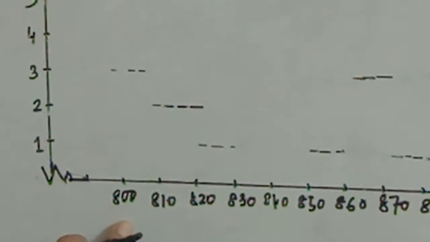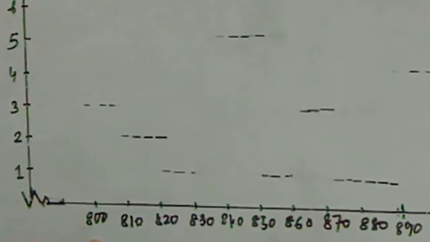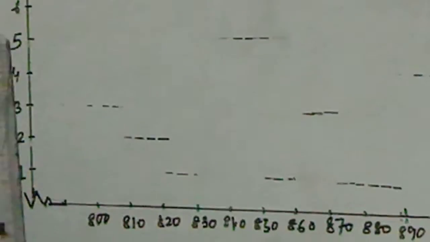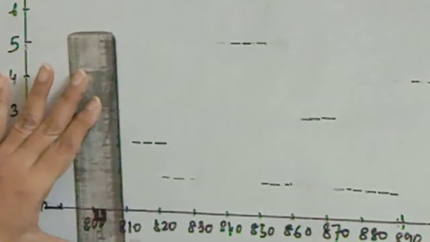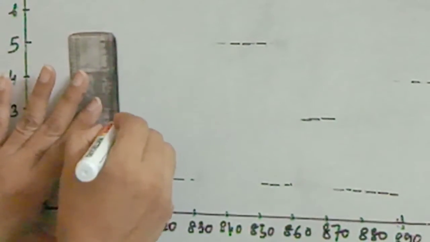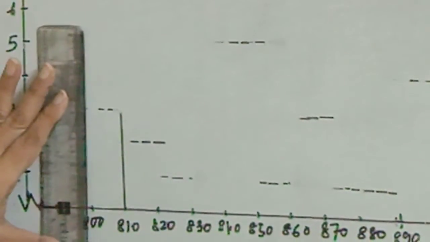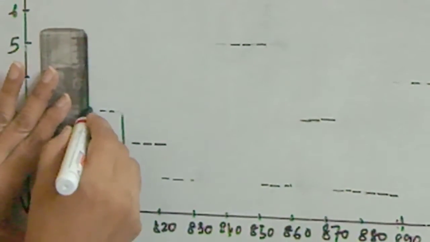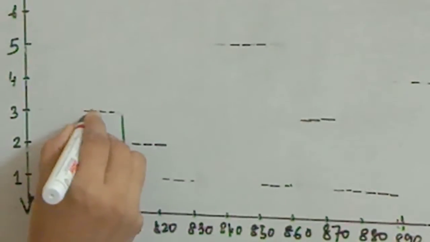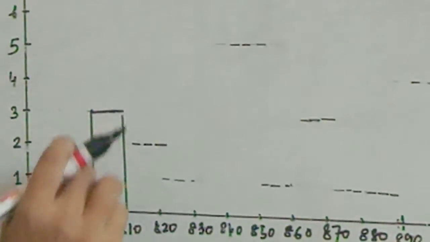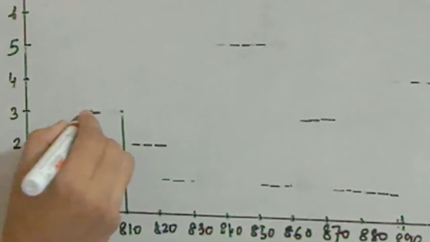Now 800 to 810: as the frequency is 3, you will draw the bar up to 3.